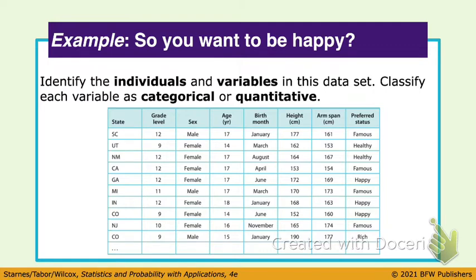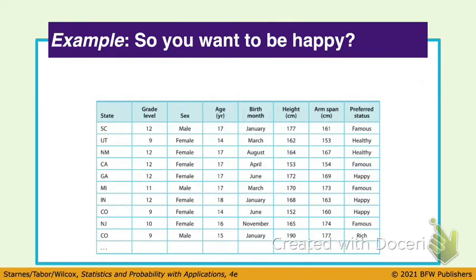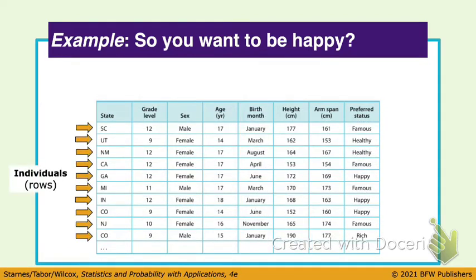It's just that each of the individuals are in a row. And so the individuals here are each of the rows. It's the students, and they are indicated by each of these rows. A lot of people think that it's the state just because that was the first column. Not necessarily. It's who or what this data is about. This data is about the selected students.